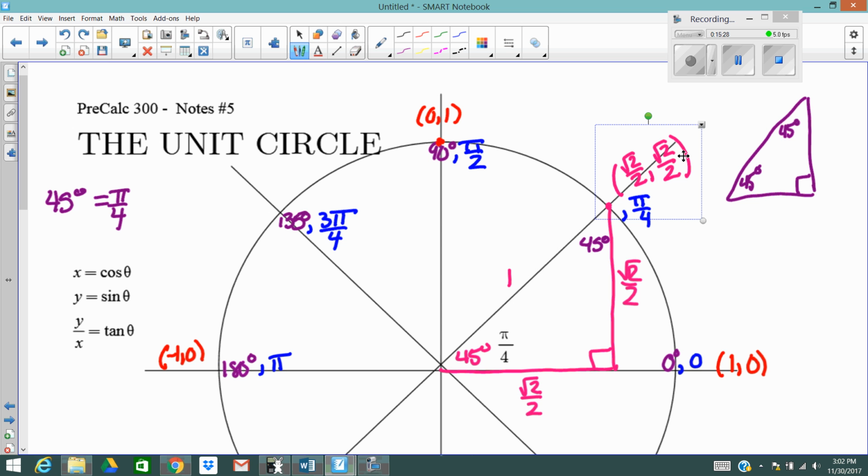And we can continue. If I move my triangle over here, let's move some of this stuff out of our way.